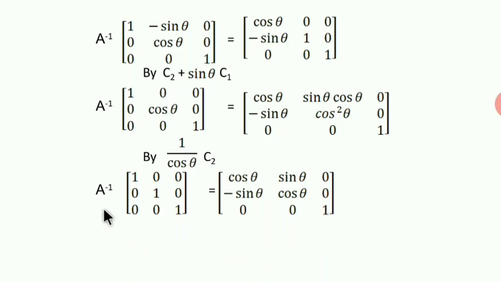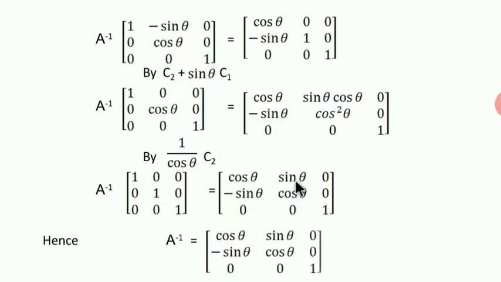Now A inverse into identity matrix is A inverse, and hence we get A inverse is equal to, reading row wise, cos theta, sin theta, 0, minus sin theta, cos theta, 0, 0, 0, 1. This is the inverse of the given matrix A by using column transformation.